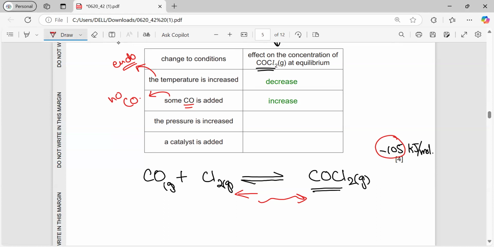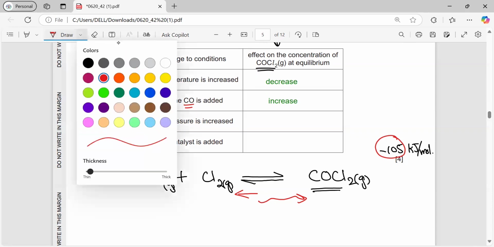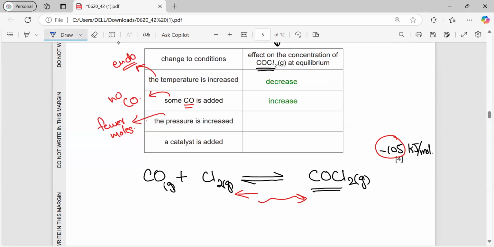Now, if the pressure is increased, then the system will move towards the side where we have fewer moles. And the fewer moles are on the product side. As you can see very clearly, on the reactant side we have a total of 2, and on the product side we have just 1 mole.